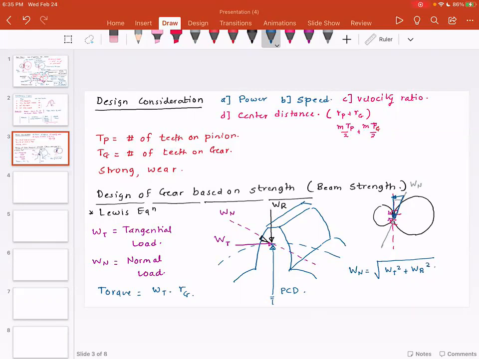Now what I want you to do, for a second, is consider that this gear profile is like a beam, and this Wt is causing this beam to bend. That's why the word beam strength comes into the picture, because we assume that this gear is sort of a cantilever beam.